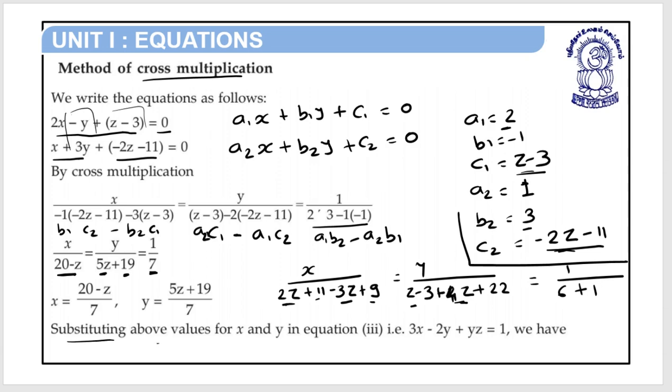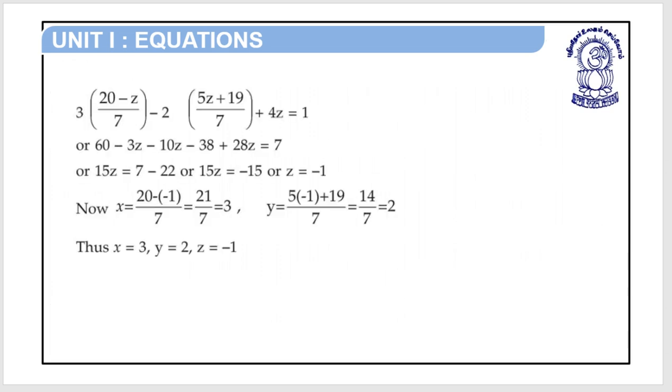Substituting the above values of x and y in equation number 3, 3x minus 2y plus 4z is equal to 11, we have 3 instead of x we write 20 minus z by 7, minus 2 instead of y we write 5z plus 19 by 7, plus 4z is equal to 11.